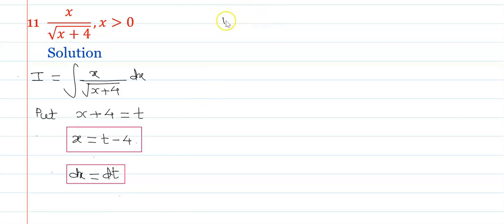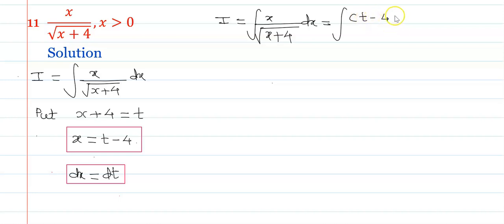I will write here, I is equal to the integral of x upon root of x plus 4 into dx, and here, what about the x? x is t minus 4, so t minus 4 upon the root of t, into dt.